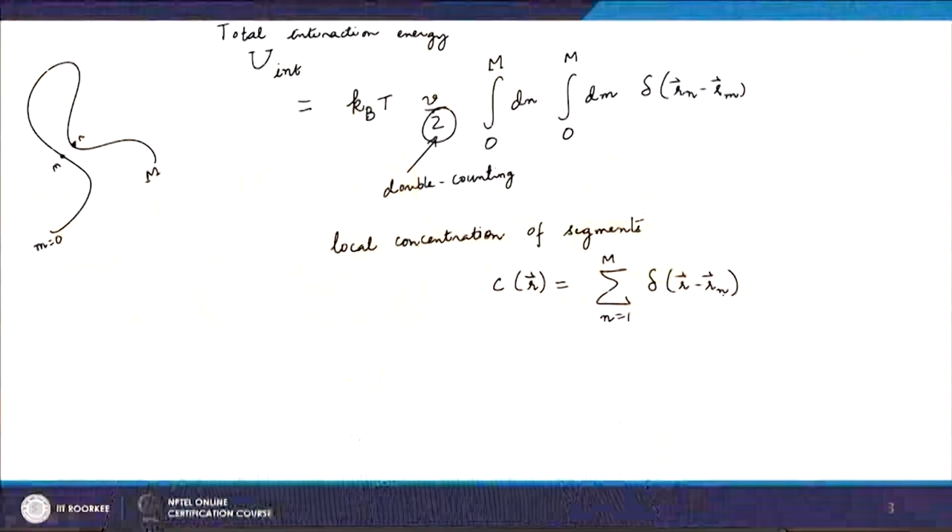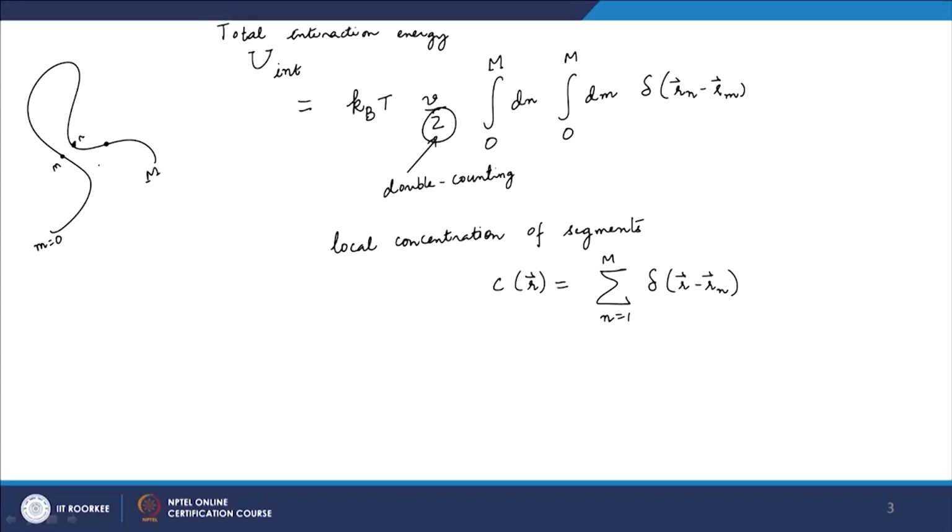What essentially it means is, if I look at any particular point in space, let us say it is r, then the number of segments passing through this particular point will be a sum over all the delta functions, where I basically iterate over every segment and see whether it is at r or not.